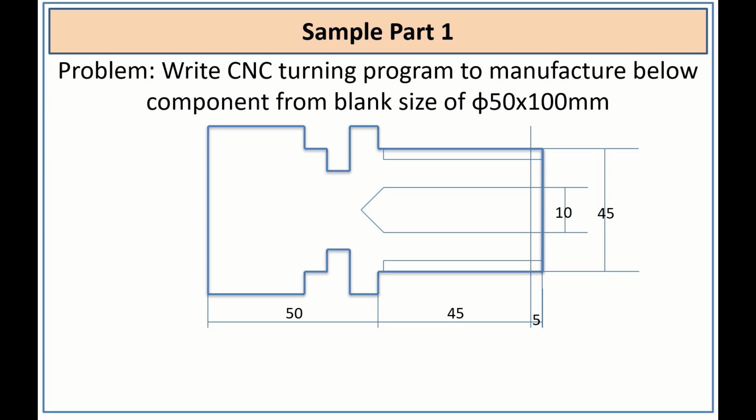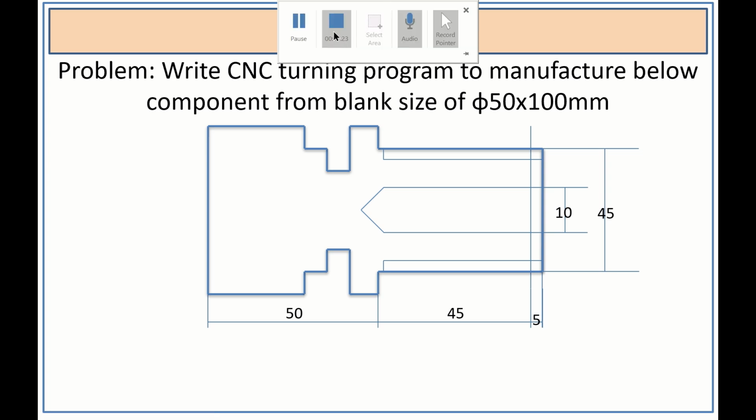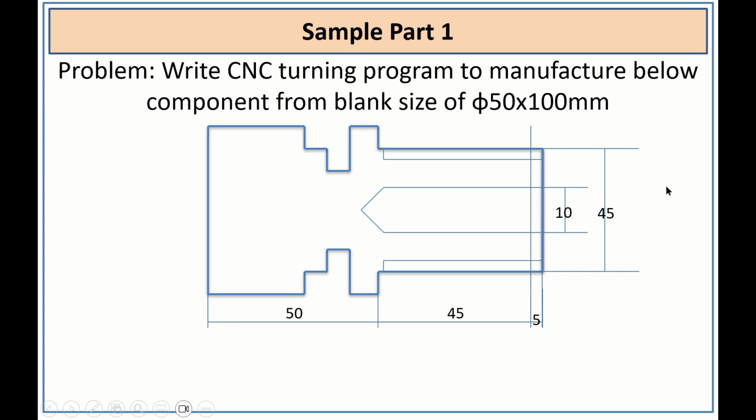Consider another part where you need to write the CNC programming to manufacture this component, and take the blank size of 50 diameter and 100 mm length. We have taken the same dimensions because it will be more useful and easy for you. Now let us try to write the CNC programming for this component.